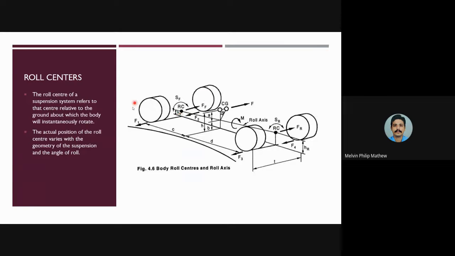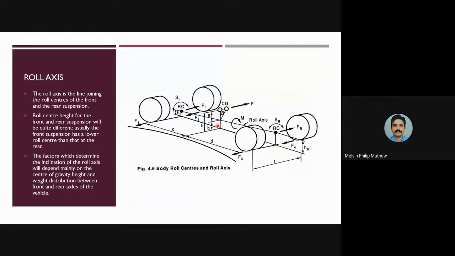These are the two roll centers present, and the axis through which the roll centers pass is known as the roll axis, preferably in the propeller shaft axis. Okay, so this is the roll center of the rear wheel, and this is the roll center in the front wheel. Here, this is the front wheel, and here it is the rear wheel. You can see R here and F here. F is for front and R is for rear.